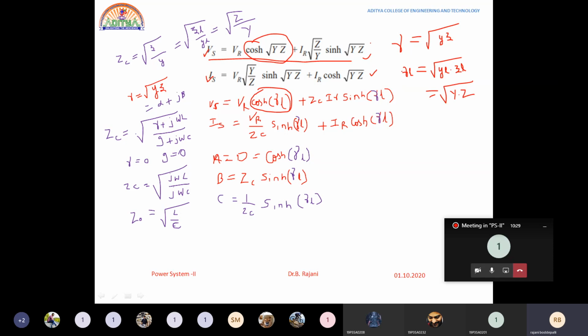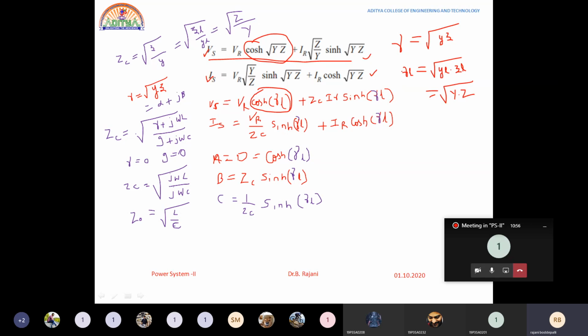In CL Wadhwa, they give it as Vs = Vr cosh(γL). This value is equal to the same of this value, because gamma is root of small y into z, so γL is root of y into L, z into L, which is nothing but capital Y into Z. That's what we have written here.